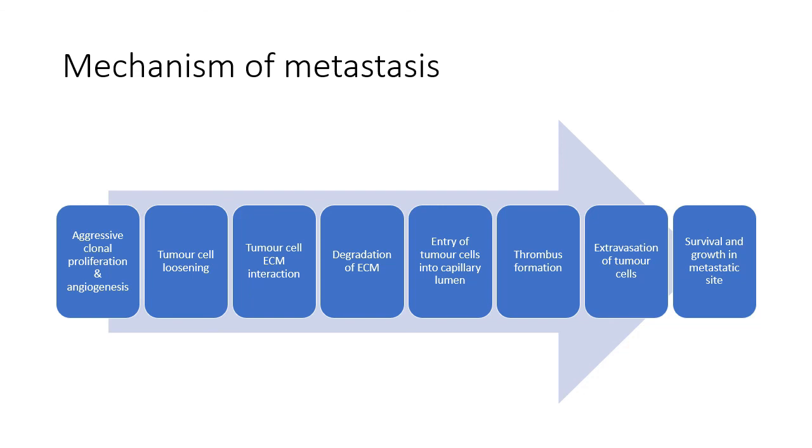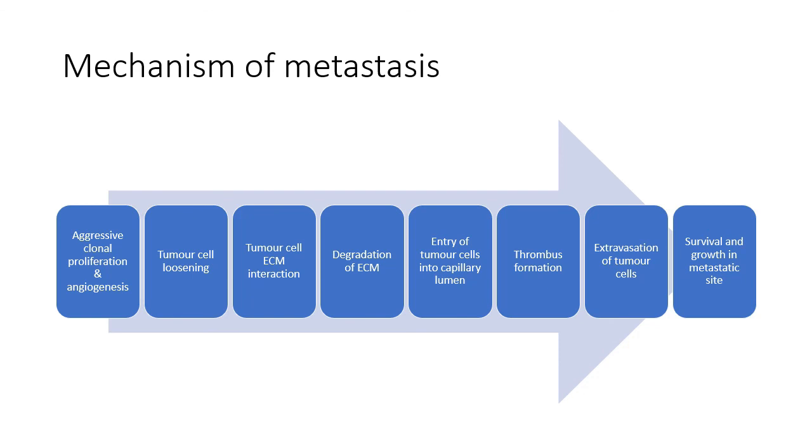The next stage is tumor cell ECM, extracellular matrix interaction. The loosened tumor cells interact with or attach to extracellular matrix, and then there is degradation of extracellular matrix due to overexpression of proteases from the tumor cells.